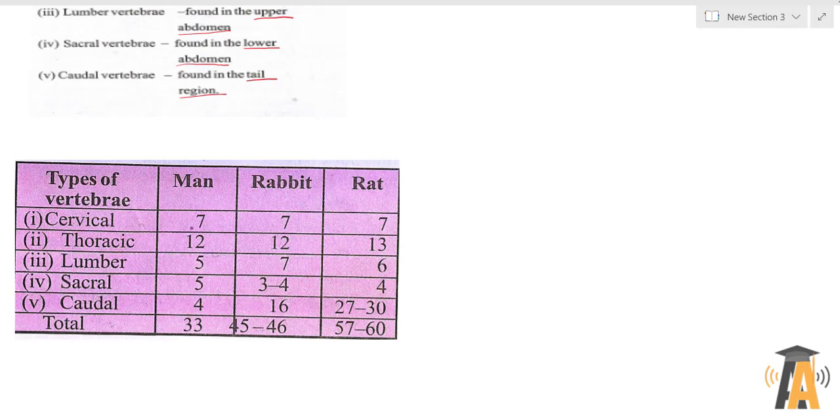For thoracic, man has 12, lumbar 5, sacral 5, and caudal 4, which gives a total of 33. So the vertebral column in man is 33 in number, while for rabbit it ranges from 45 to 46 depending on the number of sacral it has, while for rat it is between 57 to 60 depending on the number of caudal vertebrae that it has.